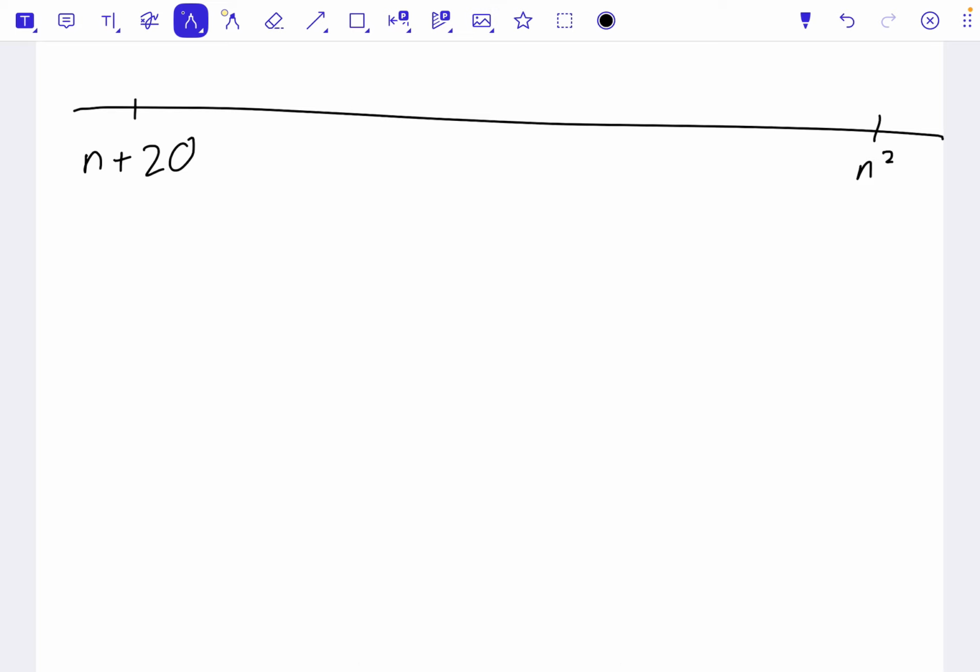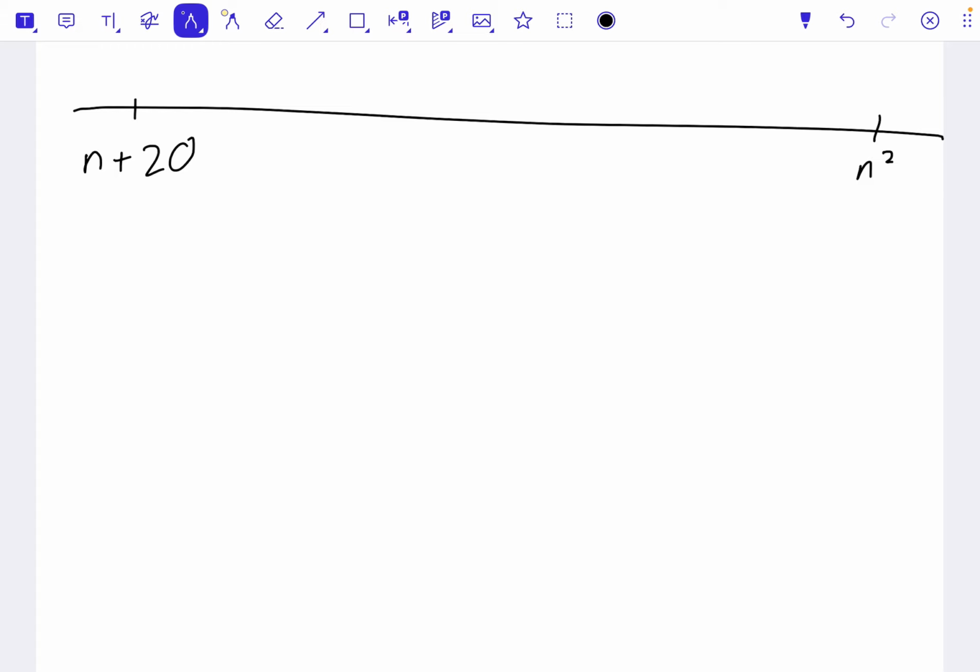So where would that fit into our number line? Well, it would definitely be to the right of n plus 20, because we already showed that n plus 20 is less than 2n. Would it be to the left of n squared? Well, common sense says yes.